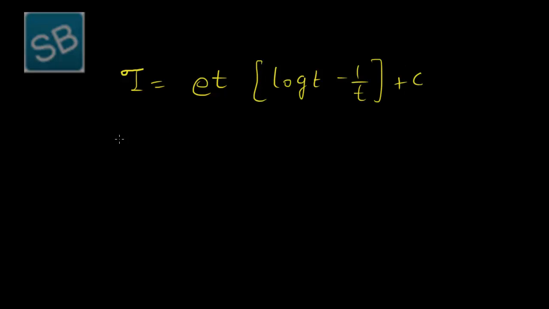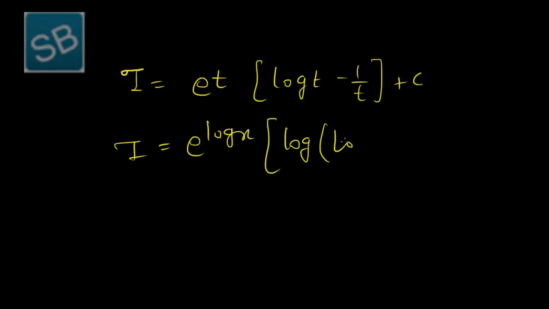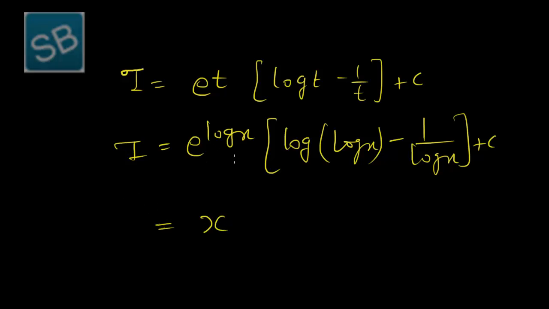So here we will substitute the value of t. Our t is log x. So we get e raised to power log x into (log of log x minus 1 over log x) plus c. We know that e raised to power log x is x. E and log cancel out.